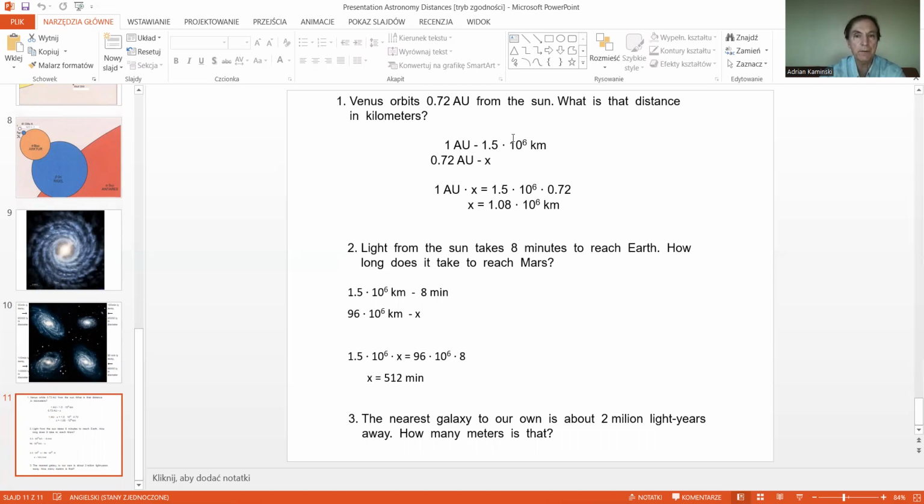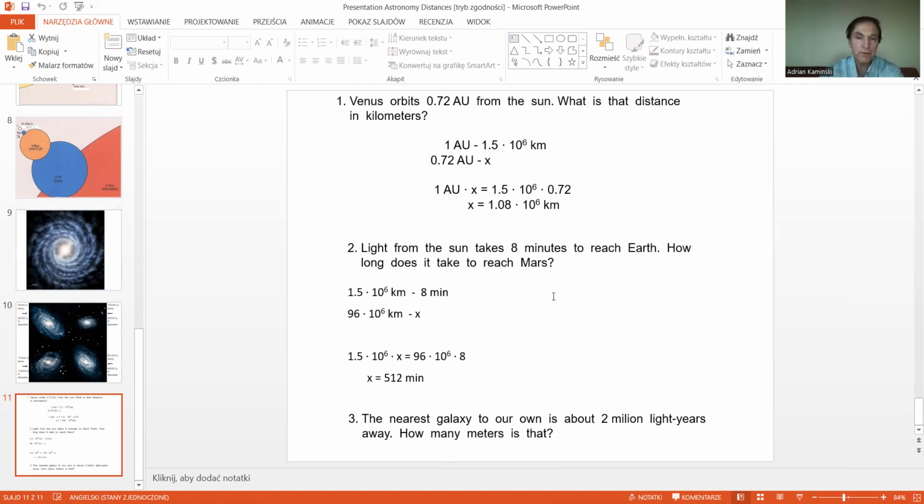So this is our proportion. We cross multiply: 1 times x equals 1.5 times 10 to the 6 times 0.72, which is written down here. 1 times x is x, and here if you multiply, you receive this number. And this is our solution.